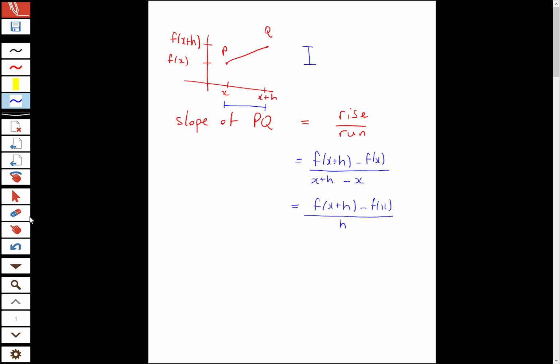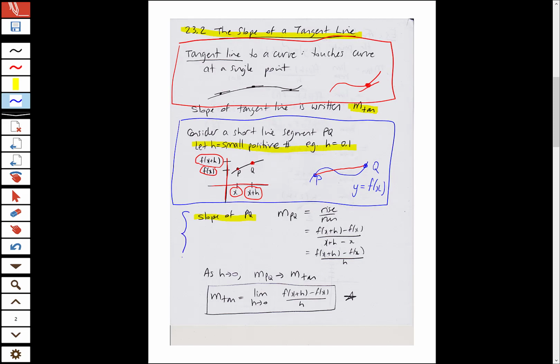That will become h. So let's come back to our previous page. We've now figured out that the slope of PQ, which we could call m sub PQ if we wanted a notation for it, is f of x plus h minus f of x over h.